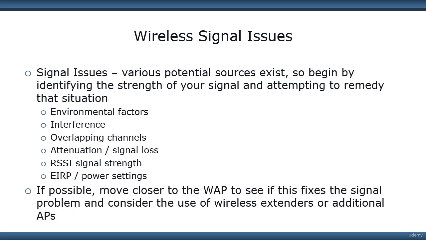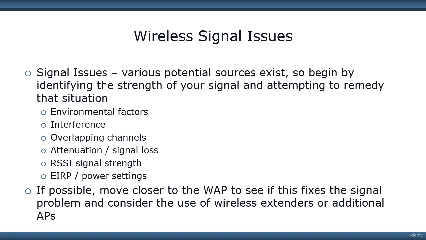There are various potential sources. The first thing you should do if you suspect a signal issue is to try to identify the strength of your signal and attempt to remedy that situation. We can do this just through the little bars indicator in a Windows operating system. You don't need a Wi-Fi analyzer, although more persistent problems may involve the use of additional tools.